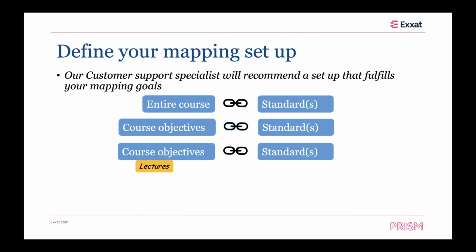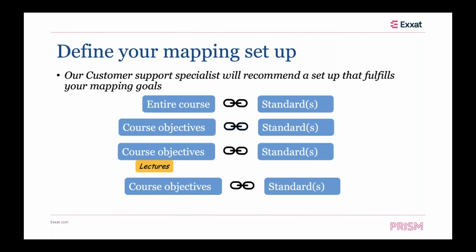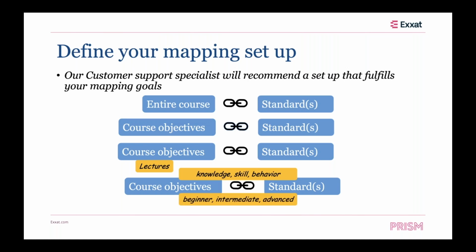Or you might be a program that wants to go even further down at a more granular level and say that not only do we want to be able to showcase which objective meets which standard, but we want to add more color to it, and we want a report that tells me whether that objective is covering content which is knowledge based, skill based, or behavior based, and whether it is being taught at a beginner level, intermediate level, or advanced level.